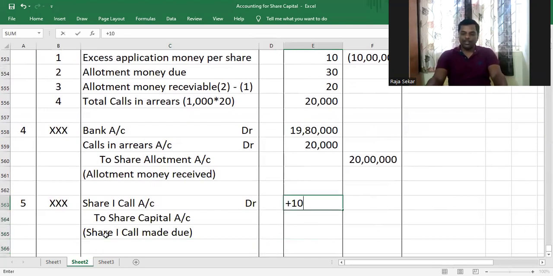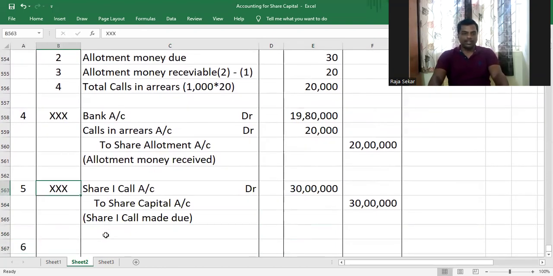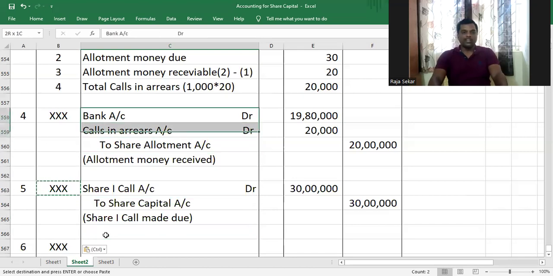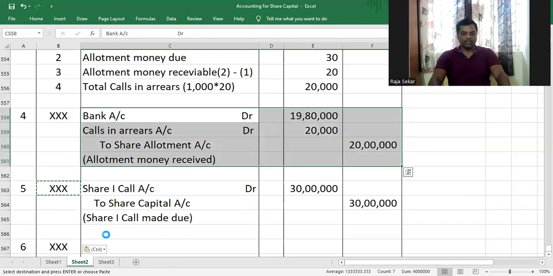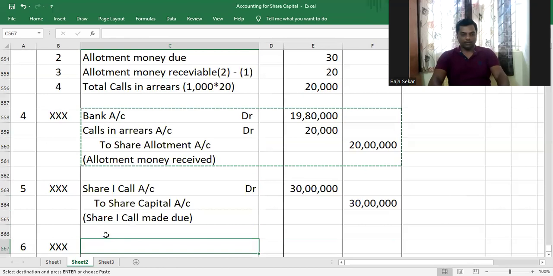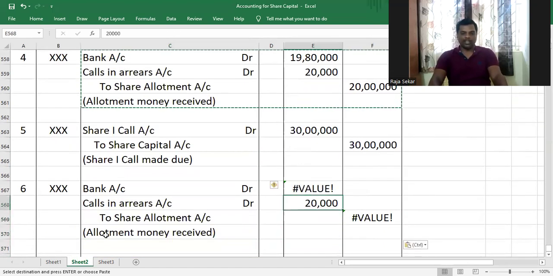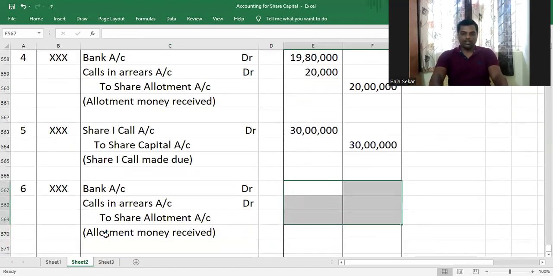And the amount that we have to make due is 1 lakh shares into 30 rupees. The total number of shares allotted multiplied by the first call money receivable per share. Am I right, my dear children? And then we got to receive first call money. As we all very well know, Nikita did not pay allotment money, and therefore she would not have paid the first call also, as there is no mention of her paying any money after allotment in the question.